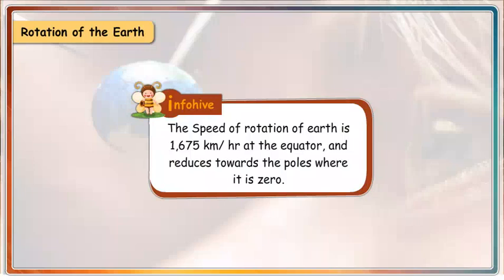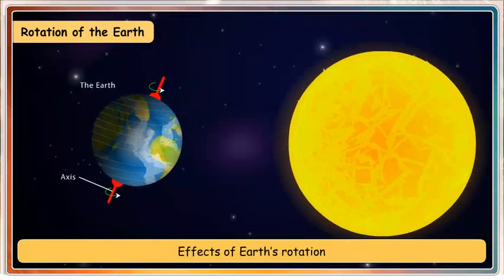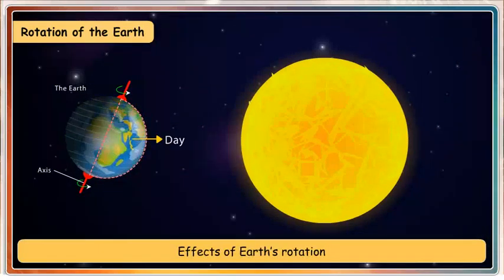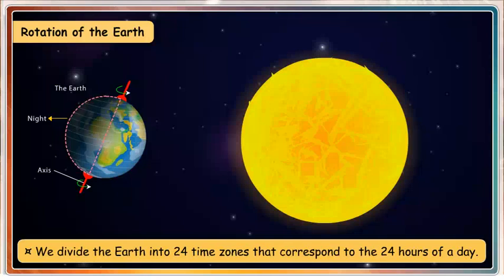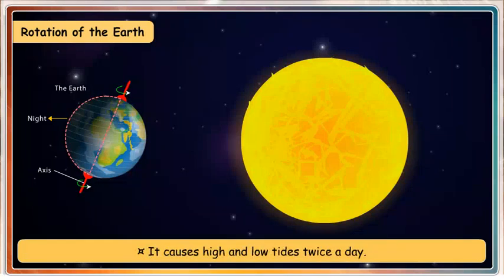InfoHive: The speed of rotation of Earth is 1675 km per hour at the equator and reduces towards the poles, where it is 0. Effects of Earth's rotation. We divide the Earth into 24 time zones that correspond to the 24 hours of a day. It causes high and low tides twice a day.